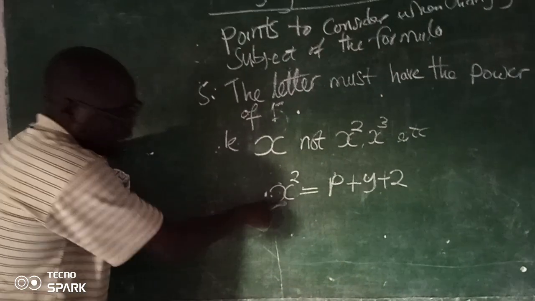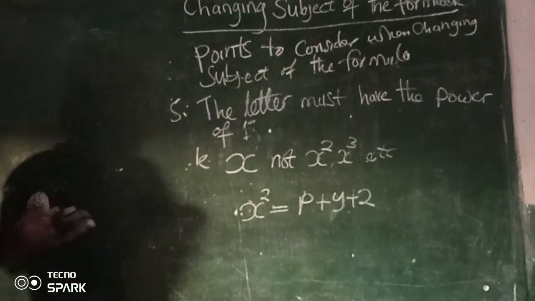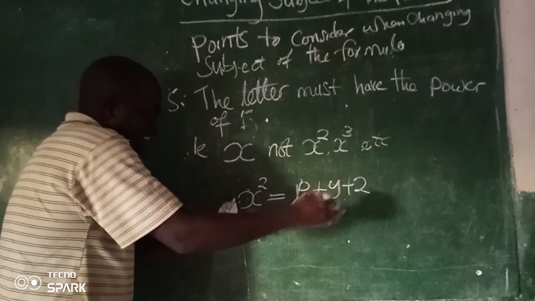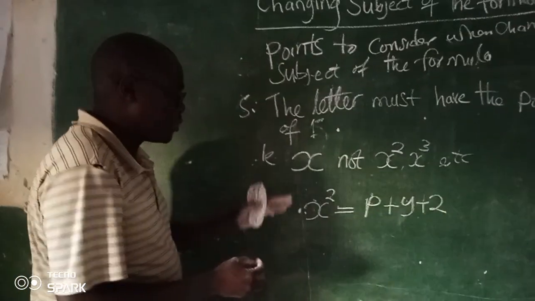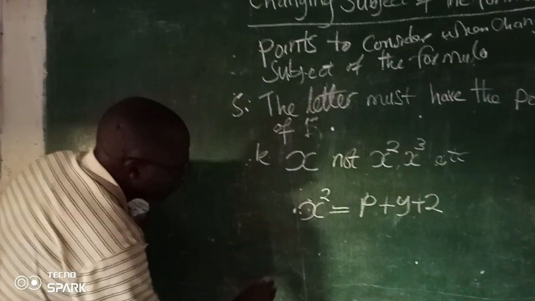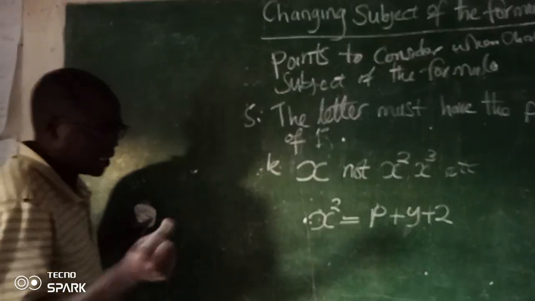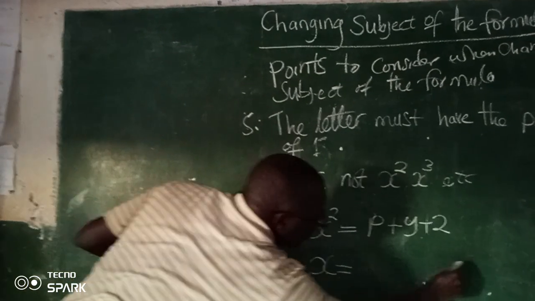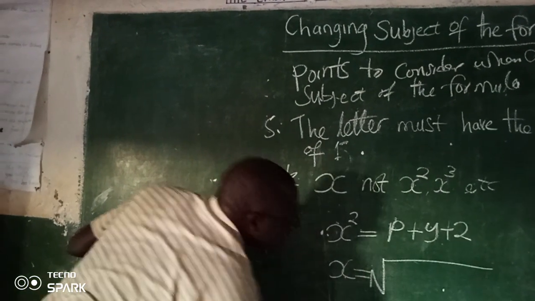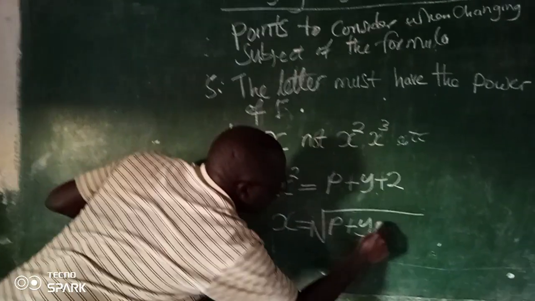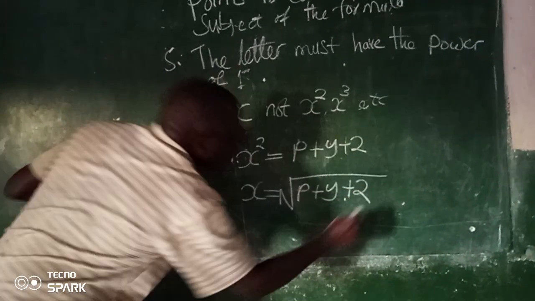What we are going to do here is to put everything from the other side to root 2. So in this case, we are going to have x is equal to square root of p plus y plus 2.